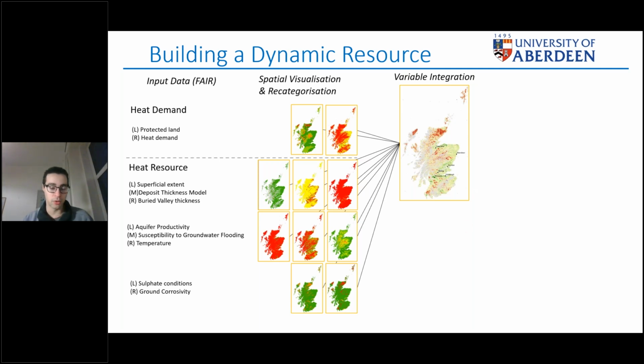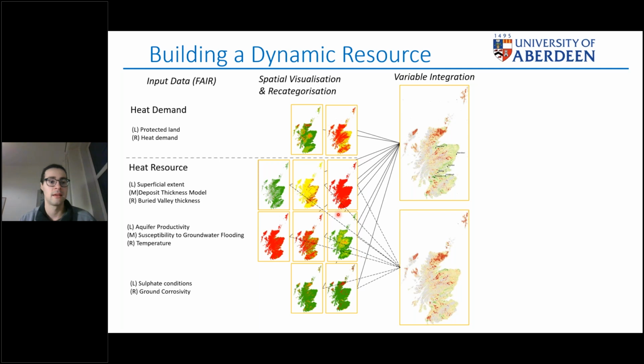There's also another kind of map you can produce by excluding some of these input data. By excluding the heat demand and protected sites, you arrive at a similar resource which is only defined by the subsurface factors.